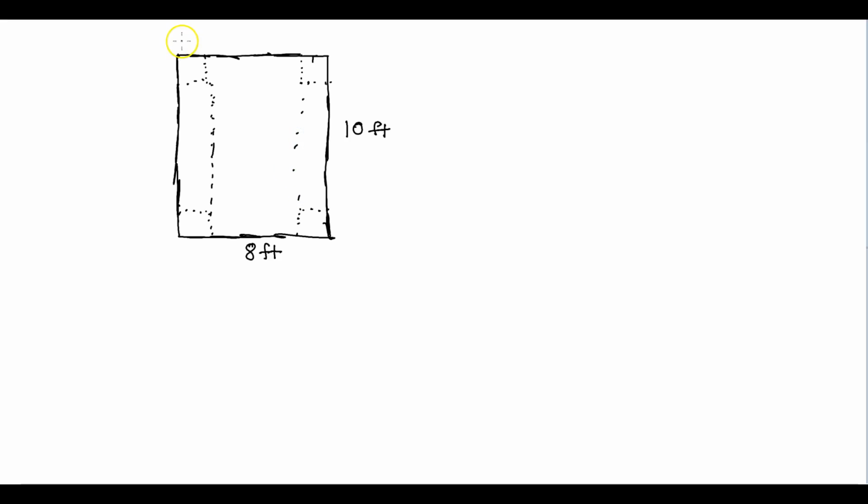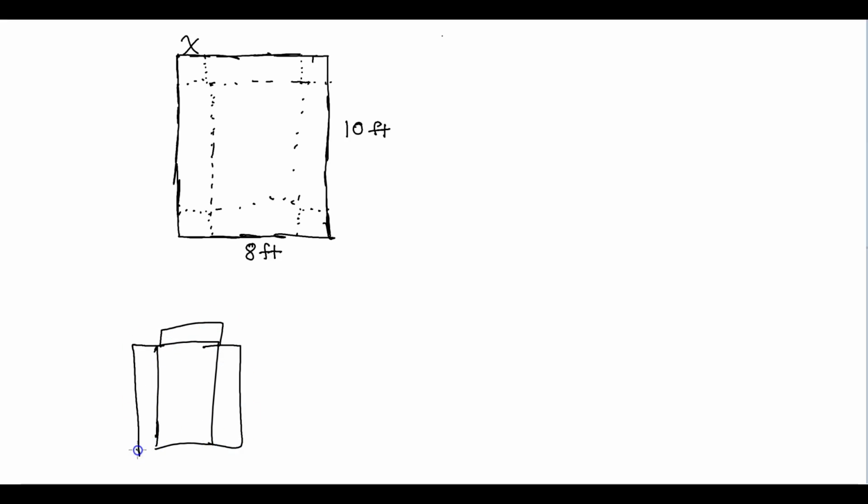So we want to find the dimensions of the square. How far should we cut so that the volume of the box we create is the maximum? If we had our box, you have to imagine that it's folded upward.